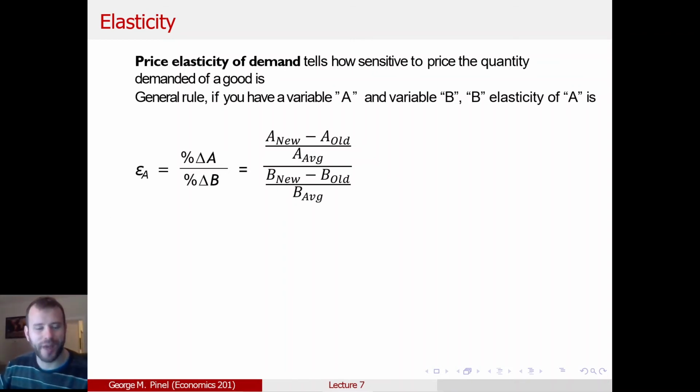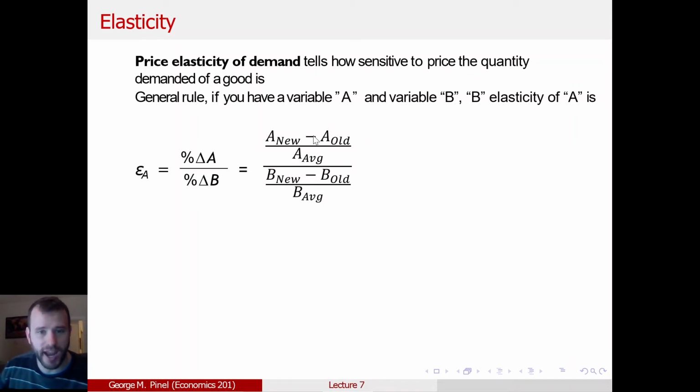Okay, so now's about a time where I would start asking for audience participation. So I'm going to have to ask you to play along in your head. We said that if A is quantity demanded and B is price, we have price elasticity of demand.